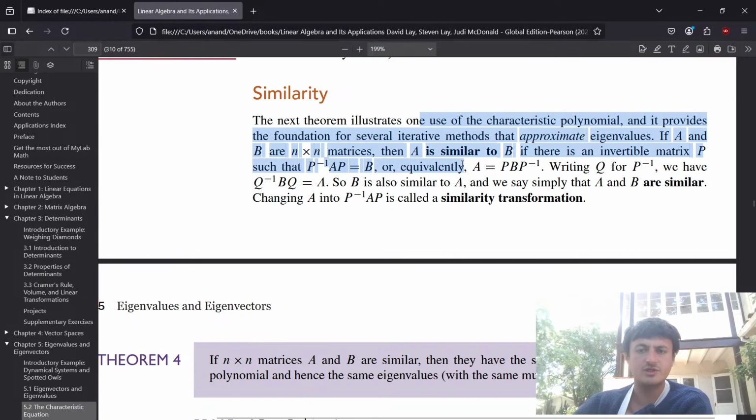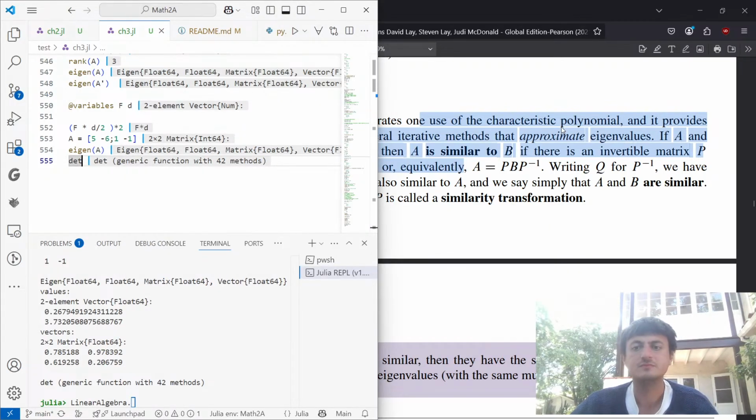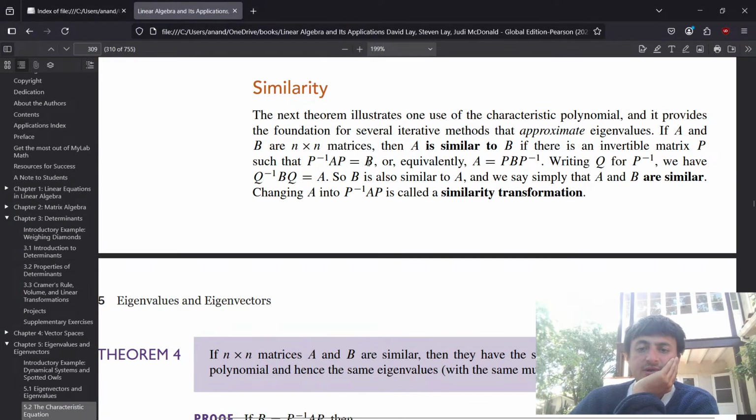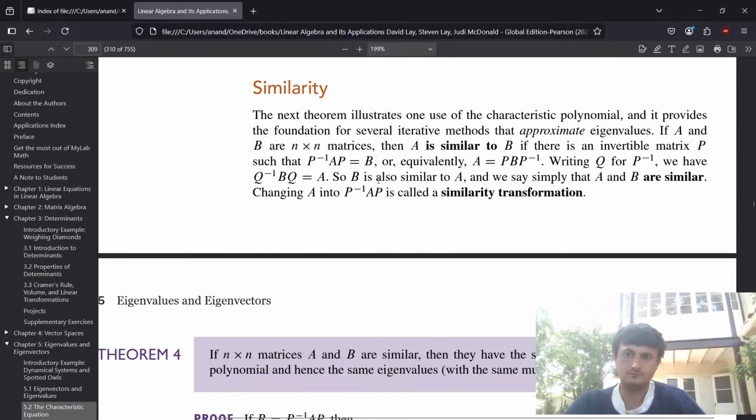If A and B are n by n matrices, then A is similar to B if there's an invertible matrix P such that P inverse A P equals B. So B is similar to A. We say simply that A and B are similar.